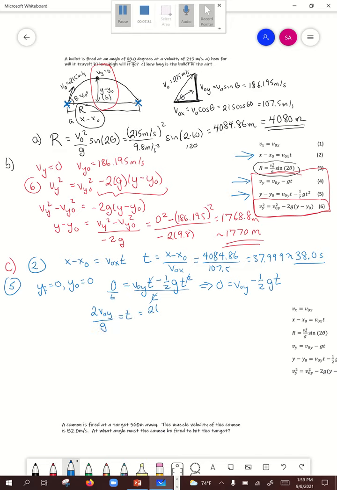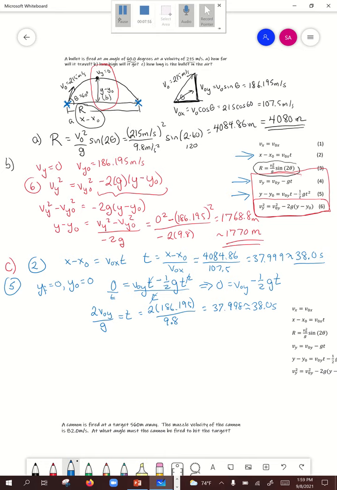So that's 2 times 186.195 divided by 9.8. And I get, this time, 37.998. And that's going to round off to 38.0 seconds again. Reassuringly, I got the same number.